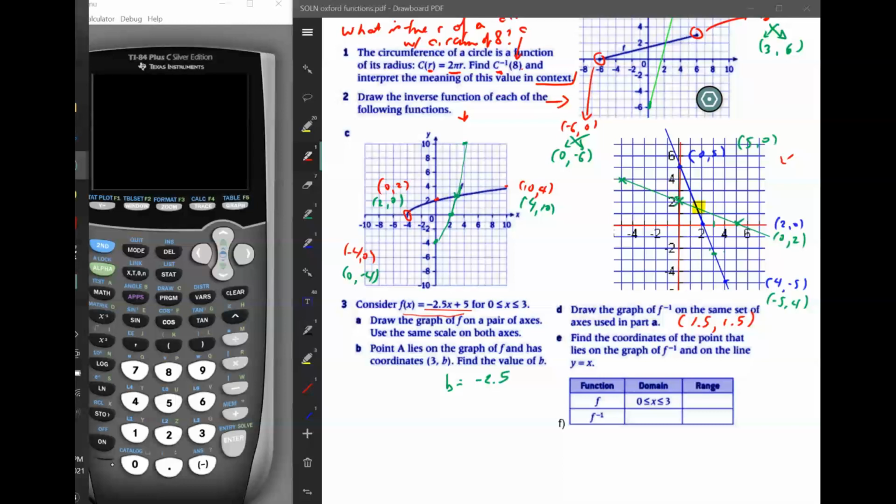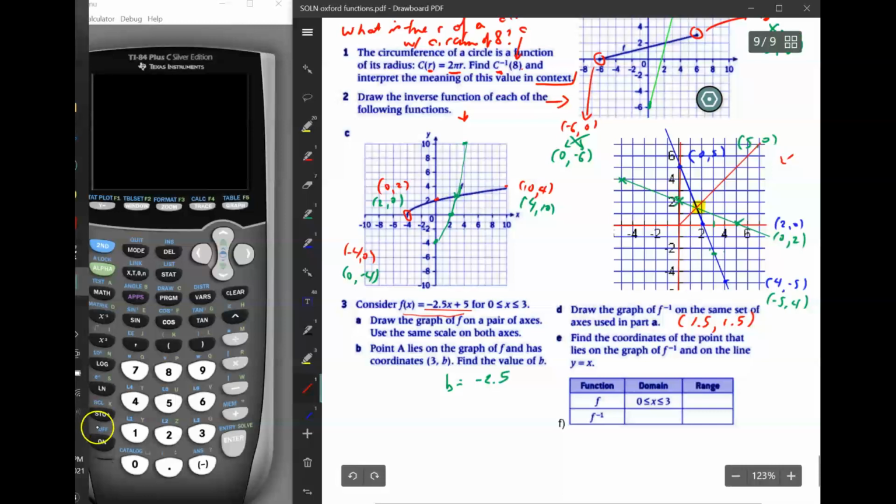It's the line where all the x coordinates and y coordinates are equal to each other. So basically it means the diagonal line that goes like 45 degrees up into the first quadrant like that, right? So that is about 1.5, 1.5.